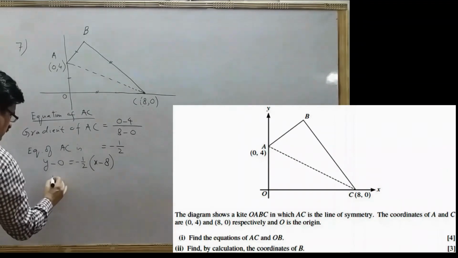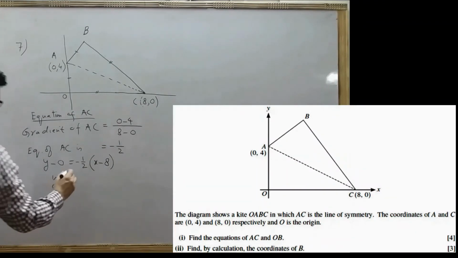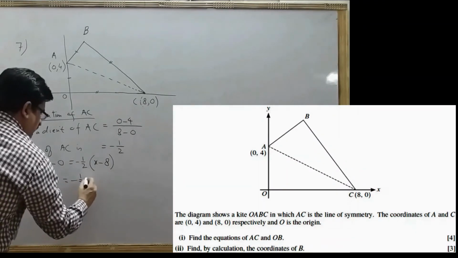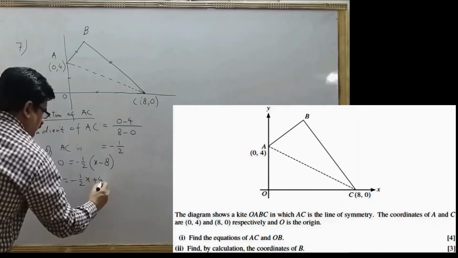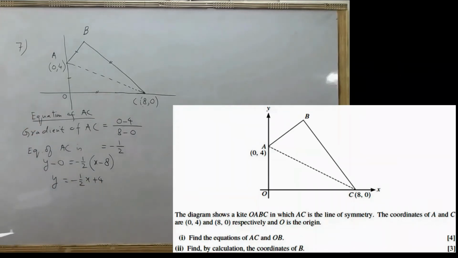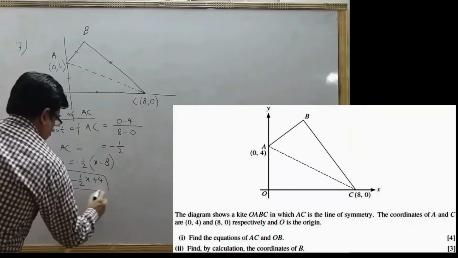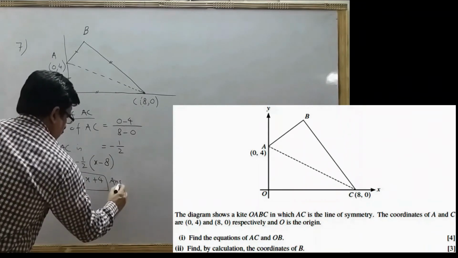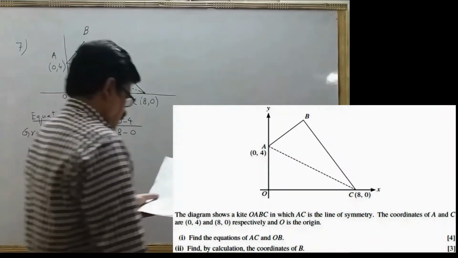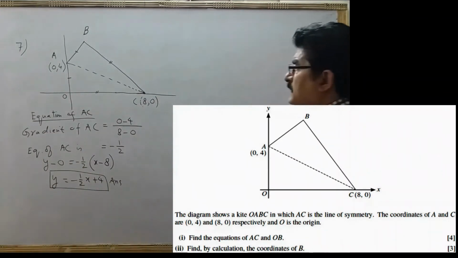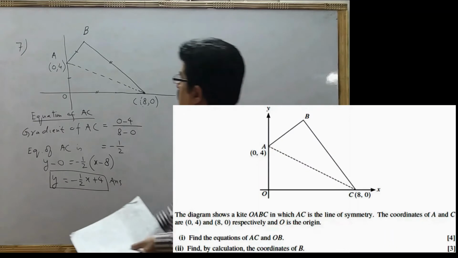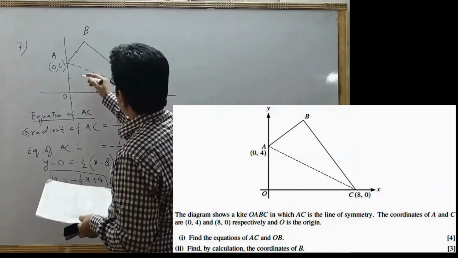On simplifying, we have minus 1 over 2 of x plus 4. This is the equation of AC. Answer to this part. In the same part, you are asked to find the equation of OB.